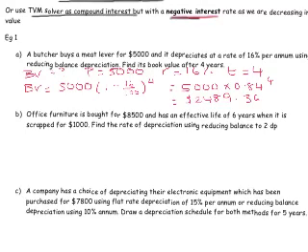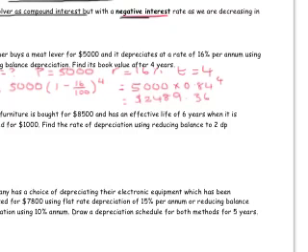Now, a way you could have done it on your TVM solver, your financial solver, on your calculator, is by saying capital N is 4. I is, we're doing depreciation, so it's negative 16. PV was what we spent, so it's negative 5,000.